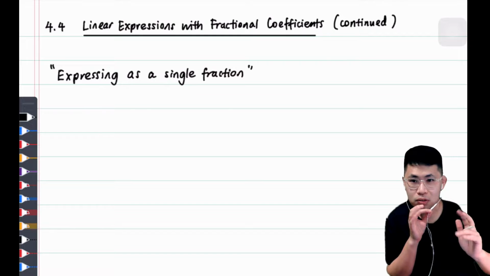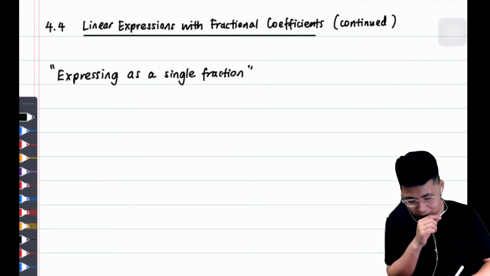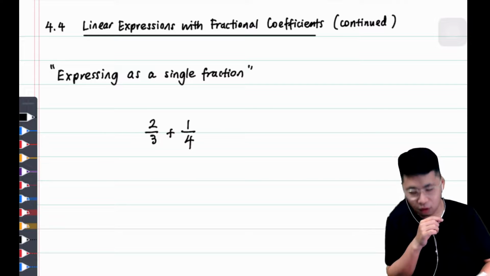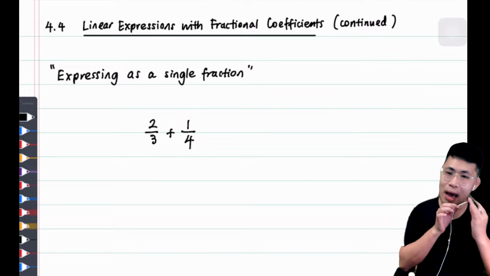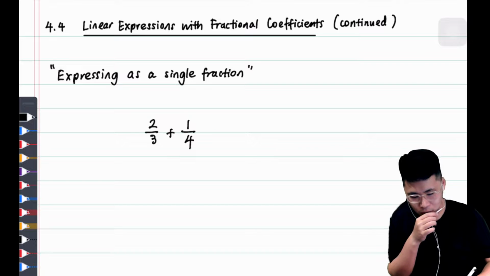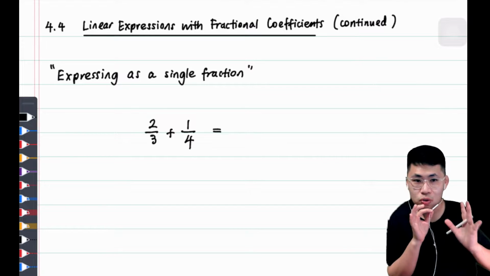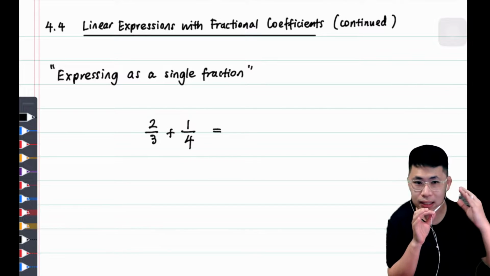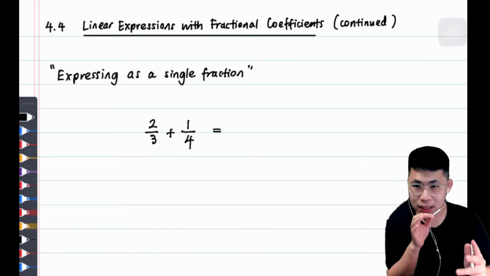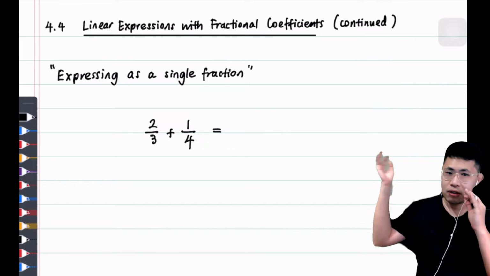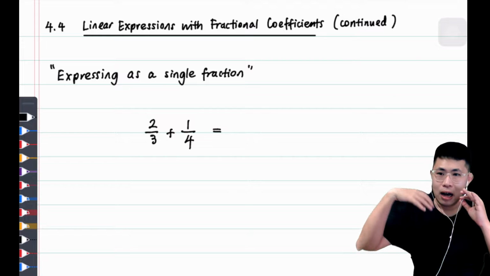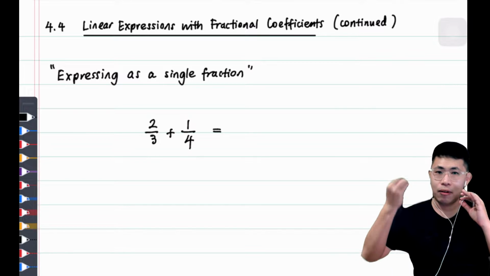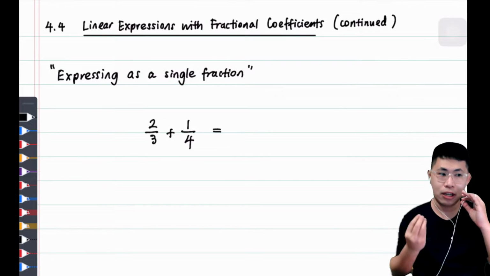I'm going to borrow this from primary school, where, for example, let's say I have 2/3 plus 1 over 4. How am I going to add both of these together? When I add both these fractions together, I need to make sure that the denominators are the same. So for 3 and 4, how do I make them the same? We can multiply them by each other.